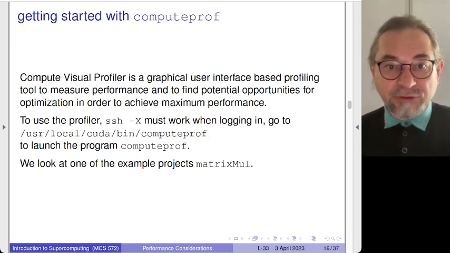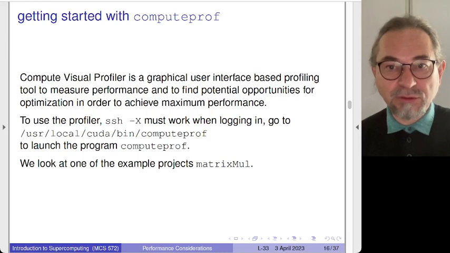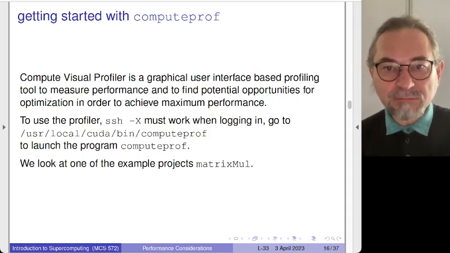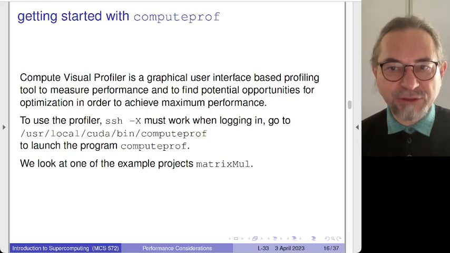Then there is also the dynamic analysis. As you are running code, you can also run the performance analyzer. There is the compute profiler, and it's a visual tool. It's a graphical user interface, and you can run it remotely.